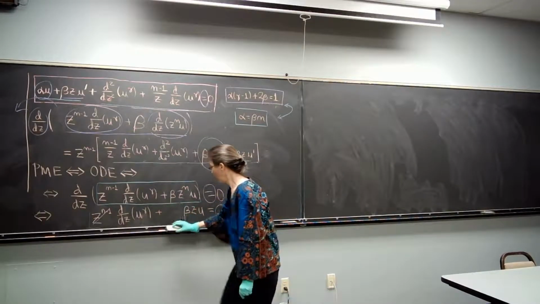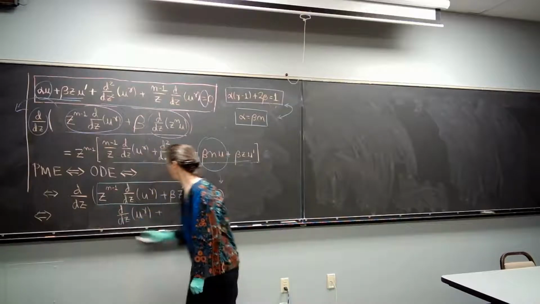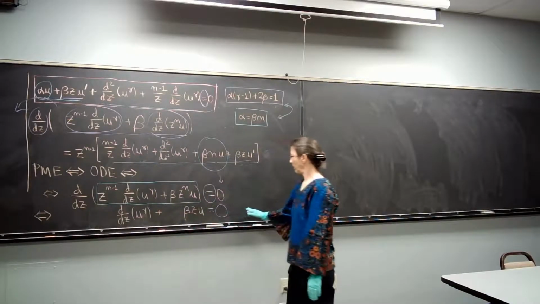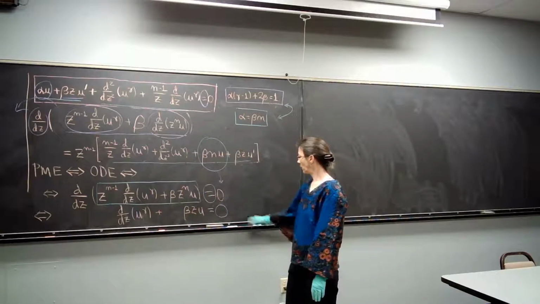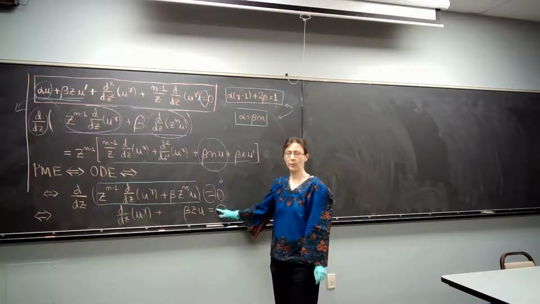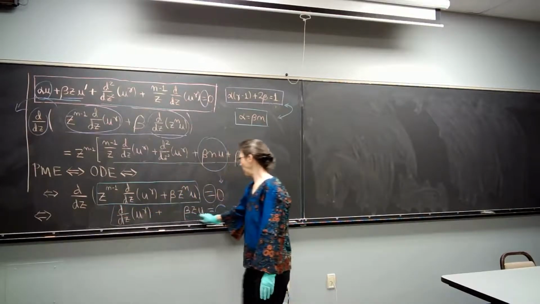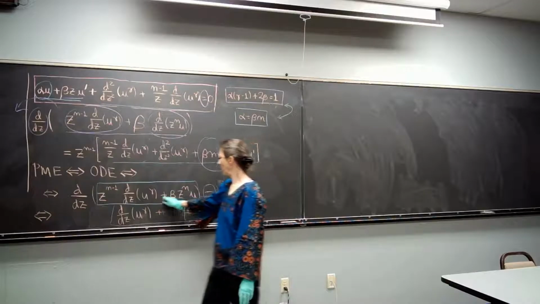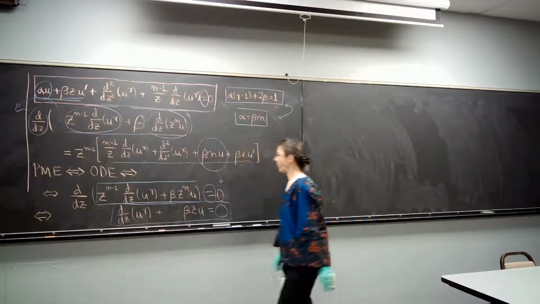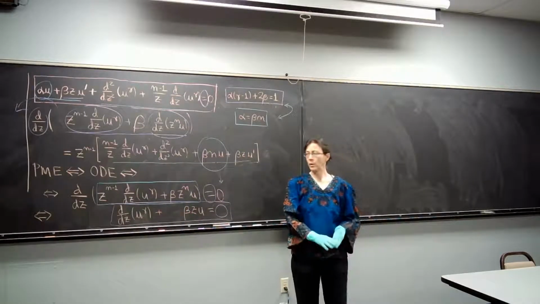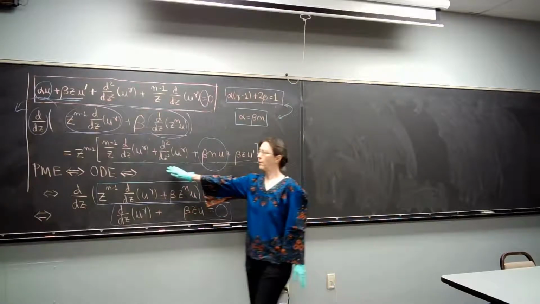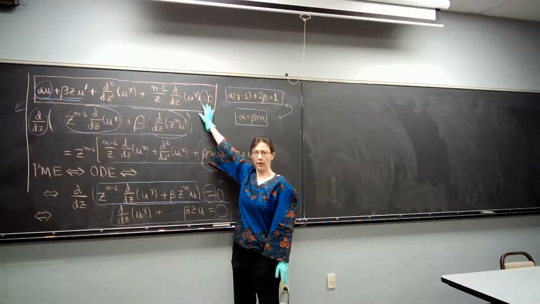Okay, so with those two little adjustments, the choice of 0 as the constant on the right-hand side, and the factoring out of z to the n, I see that the original porous medium equation holds if and only if this ODE holds.